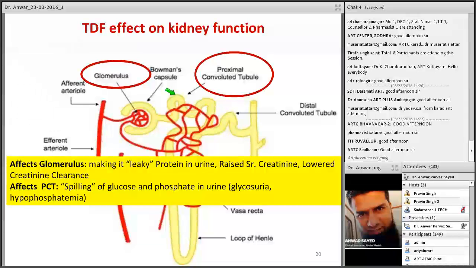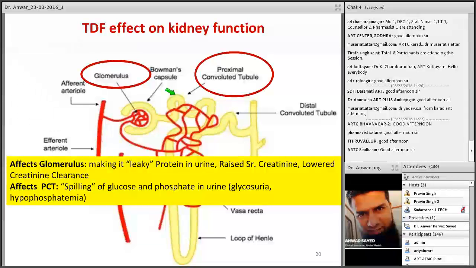Therefore, patients treated with tenofovir may rarely experience any impairment in glomerular function as checked by measuring serum creatinine or creatinine clearance. Tubular damage may be more common, and indeed case reports of kidney abnormalities on TDF have mainly been reported as Fanconi-like syndrome, which is a type of proximal renal tubular acidosis.